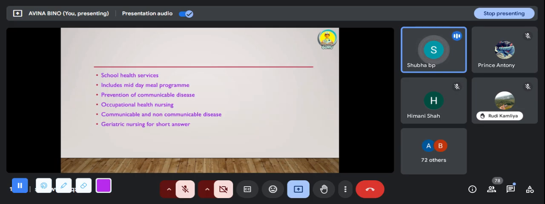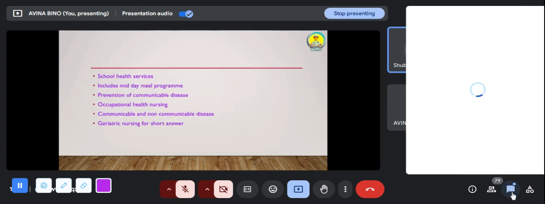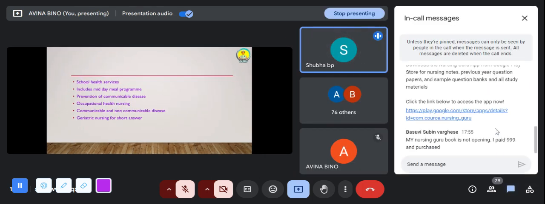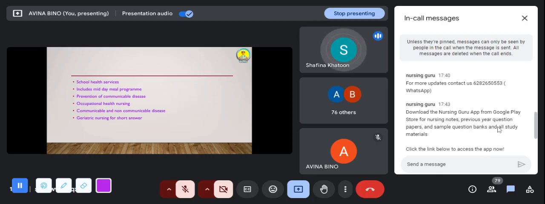So many services are given by the government especially for school children, because some children are not going to school properly. To attract the children to come to school, they made so many services and programs, which include.